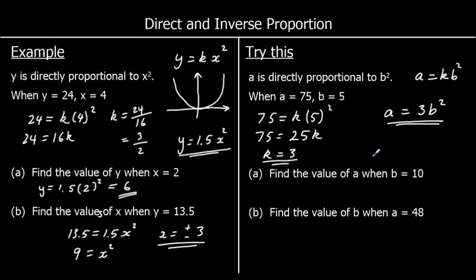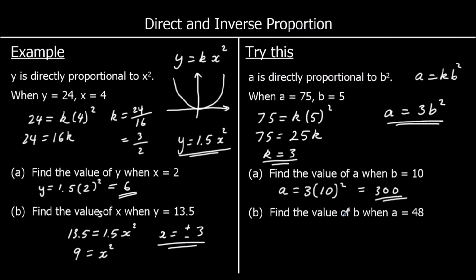So find the value of a when b is 10. So change b into 10. So a is 3 times 10 squared. 10 squared is 100. 3 hundreds are 300. Find the value of b when a is 48.